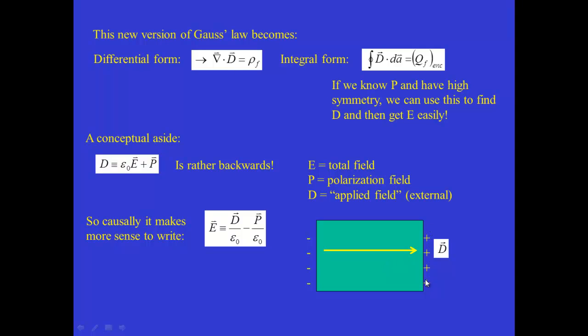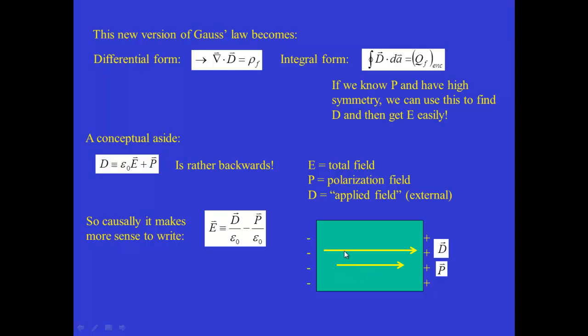So if that's the case, then the polarization vector, which always points from negative to positive, is introduced inside the material. And I've shown it to be shorter than D because the polarization effect always gives a field that's a little bit less than the applied field, never greater than. But the electric field that results from the polarization actually points opposite to P, right?